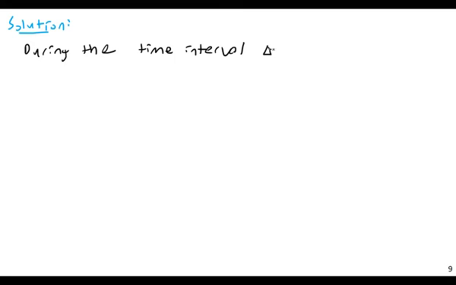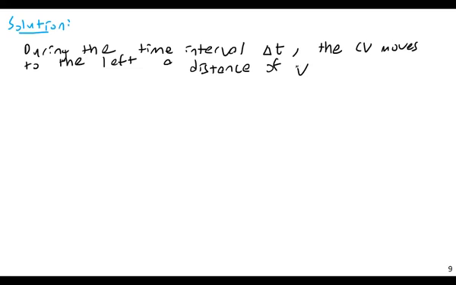So during the time interval delta t, the control volume moves to the left a distance of v control volume, that's the velocity of the control volume, times delta t, equals 2 times delta t meters.